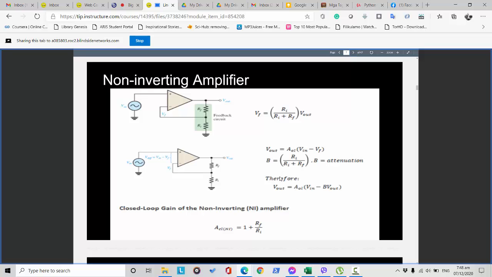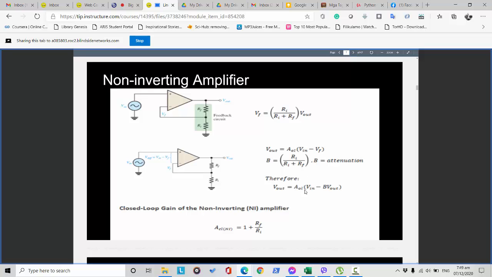We can also derive the formula for B, which is the attenuation. So B here is what we call the attenuation. It's computed as Ri over Ri plus Rf.